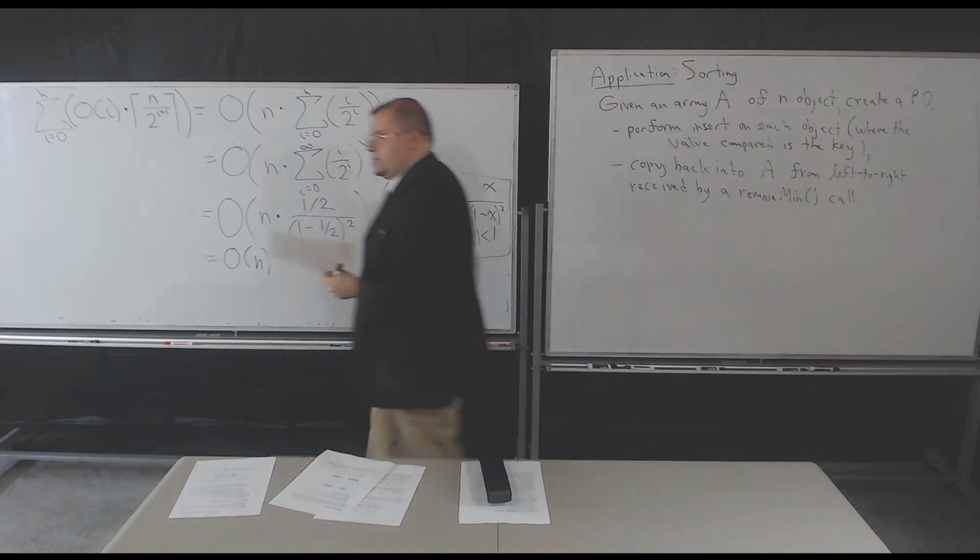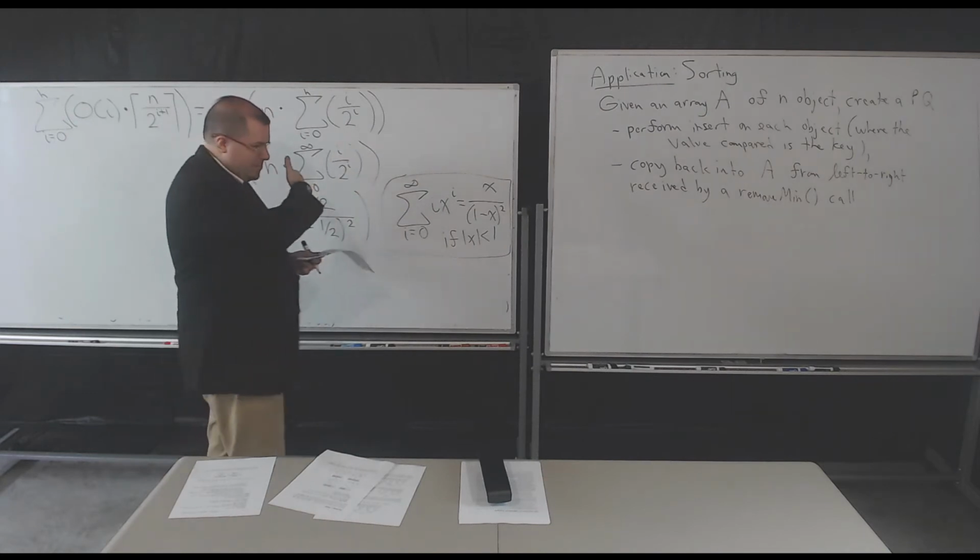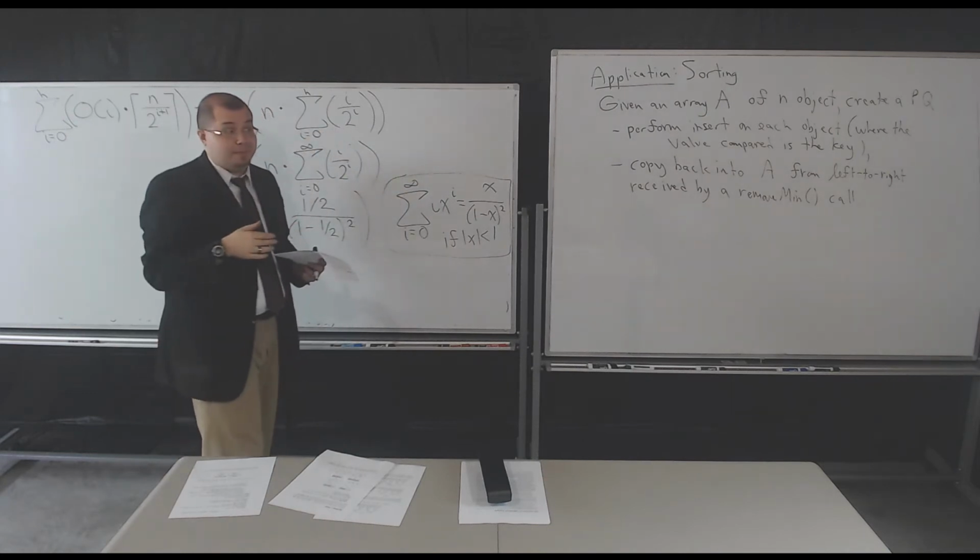So you simply use remove min on the priority queue until it's empty, copy them back left to right into the array, and you'd be done.